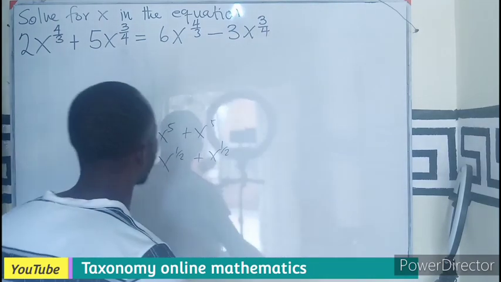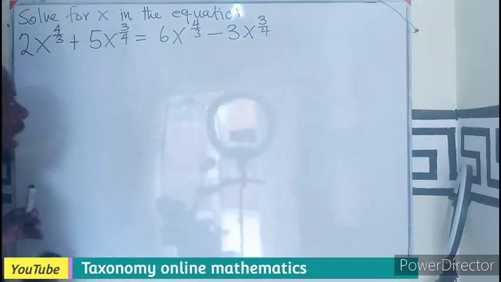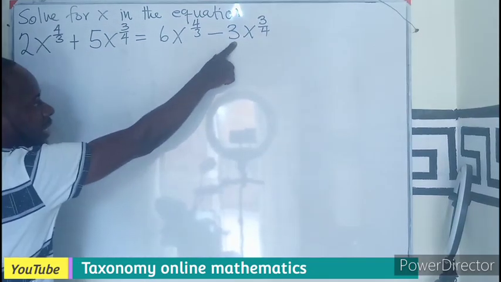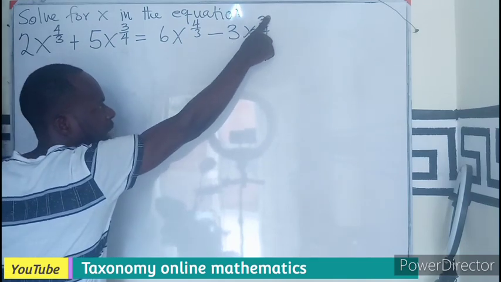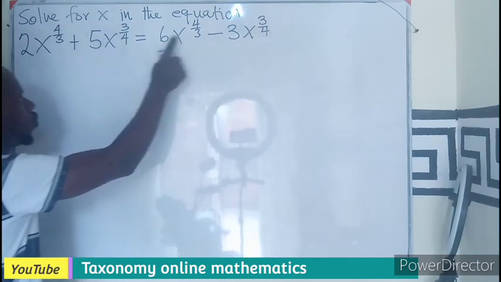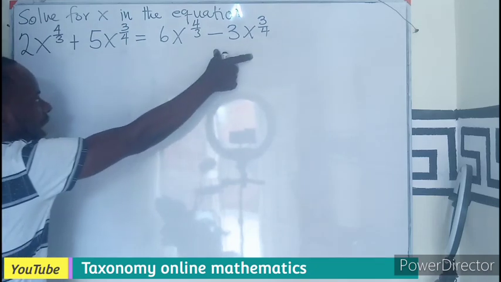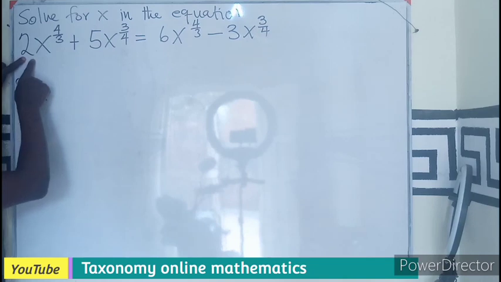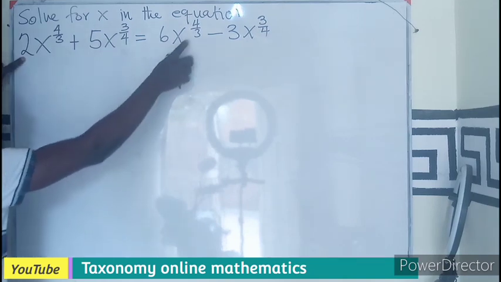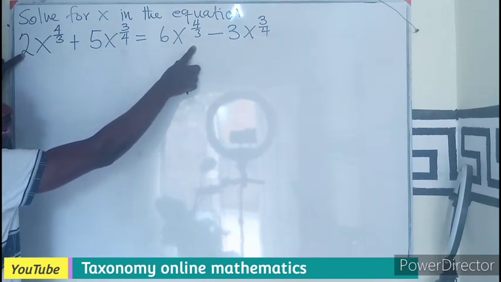Alright, so if that is true, then let's group like terms by adding 3x to the power 3 over 4 to both sides so that it will move here and come here. Since it's coming here, this must also be subtracted from both sides so that it will come to each like terms.